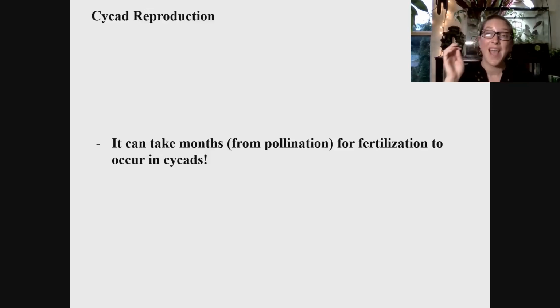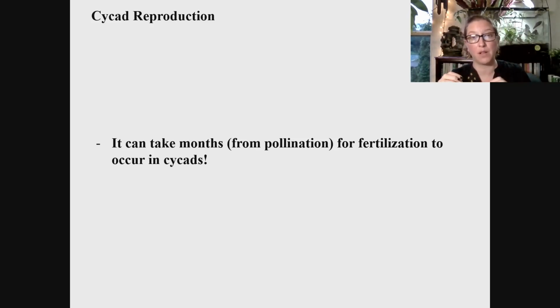Okay. And it can take months between when the pollen grain lands where it needs to land, on the ovule, and the sperm from that pollen grain fusing with an egg. And this is part of the reason why cycads are facing extinction, because they have very, very slow reproduction.